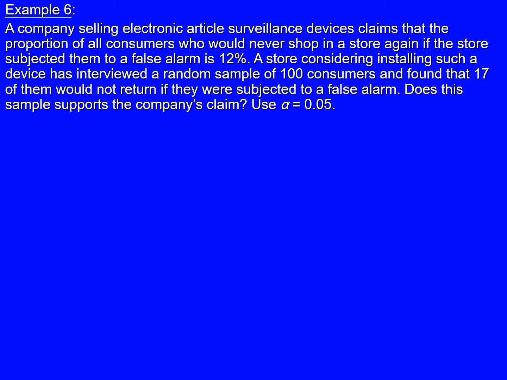So the claim is that p equals 12% or p doesn't equal 12%, and we use alpha significance level equals 5%, or 0.05.